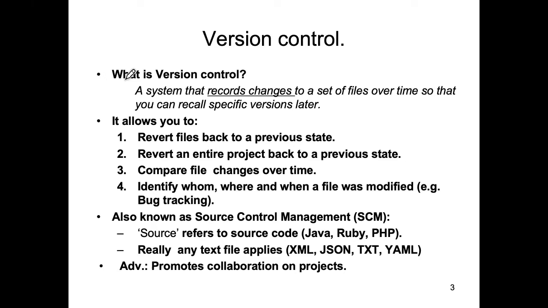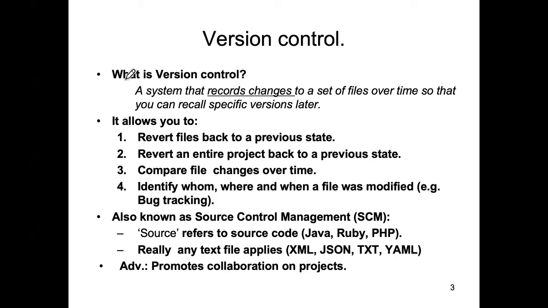So even if we had a folder that contained lots of documentation files in it and subfolders that contain just documentation files, we could use Git for managing the changes that are happening to those files over time as well. Git does not know anything about source code.